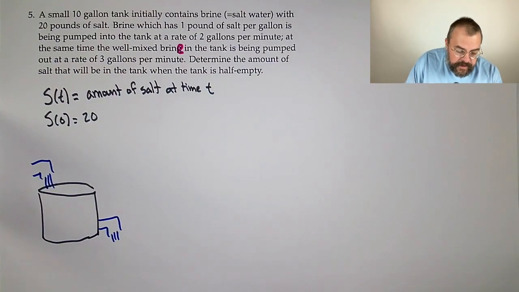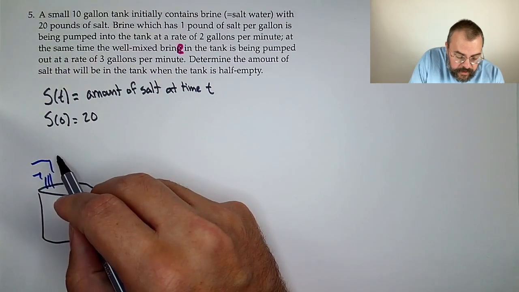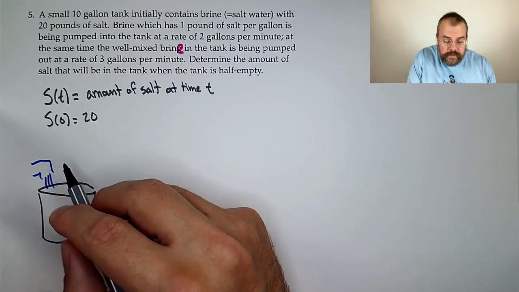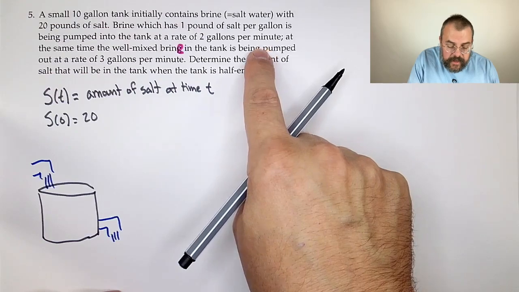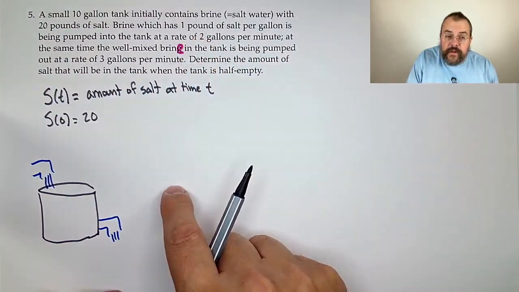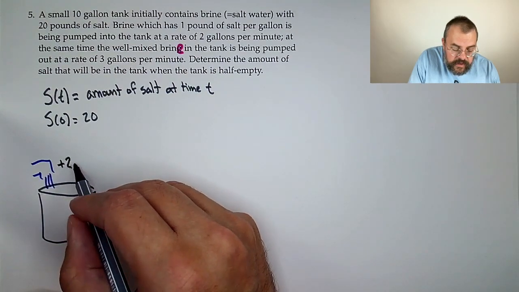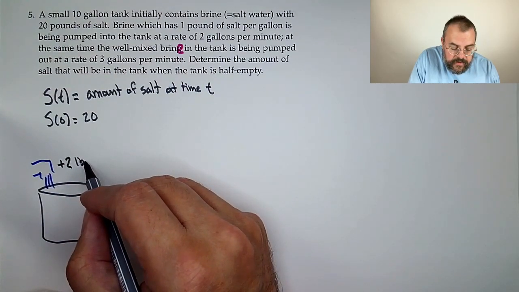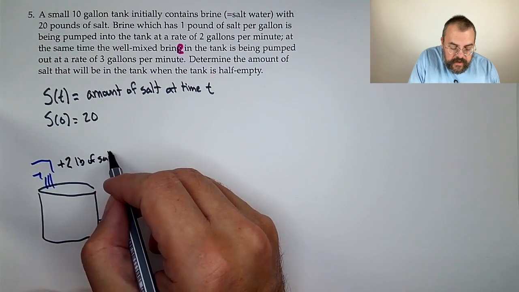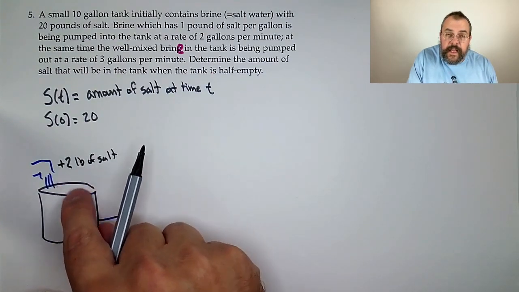Well, okay, we can talk about our inflow. We know we have 2 gallons per minute coming in, because we're told that, and each gallon has 1 pound of salt. So we are adding plus 2 pounds of salt. So that's how we gain salt.